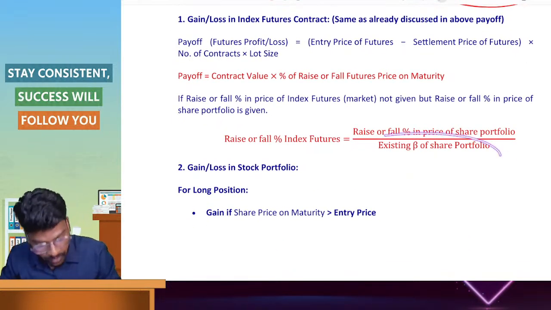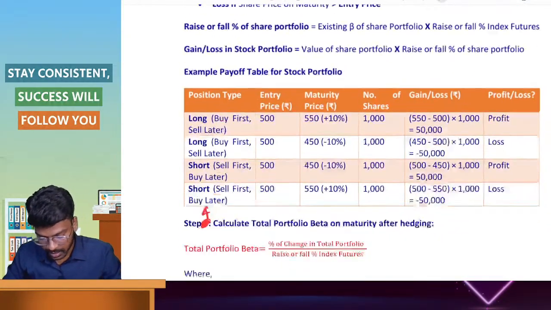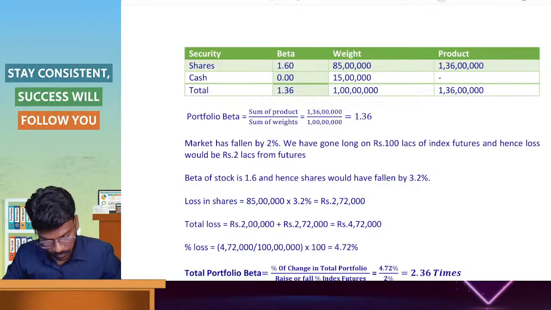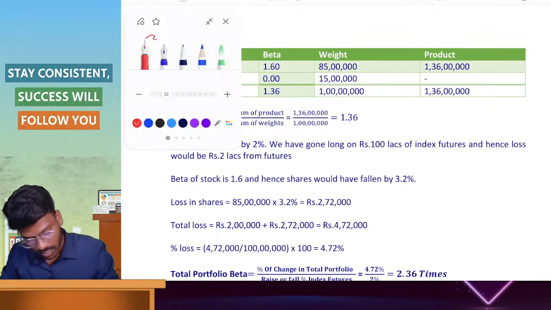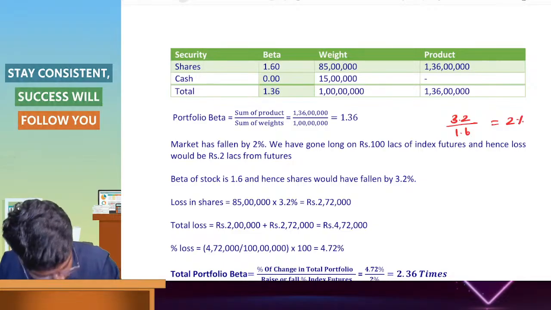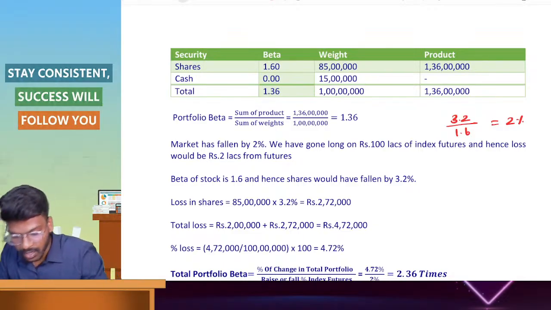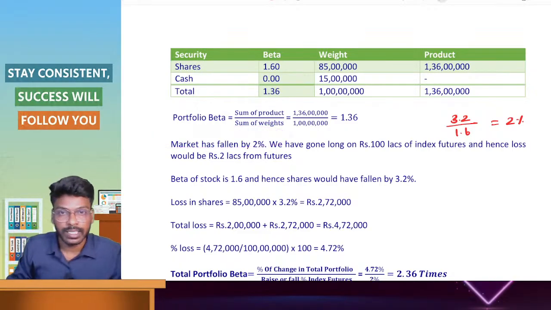I have to divide by the share portfolio's existing beta. 3.2 divided by 1.6, you will get a value of 2%. 2% is my market fall. That is index fall. Index has fallen by 2%.